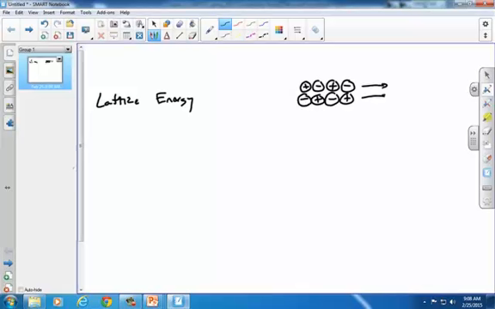That continues in all directions, three-dimensionally, so we get this large cube of positives and negatives that are all organized to maximize their attractions. So the lattice energy is the energy absorbed to break those attractions.